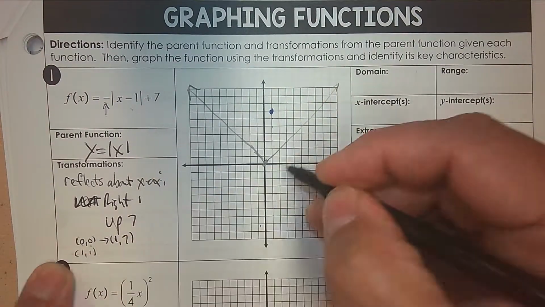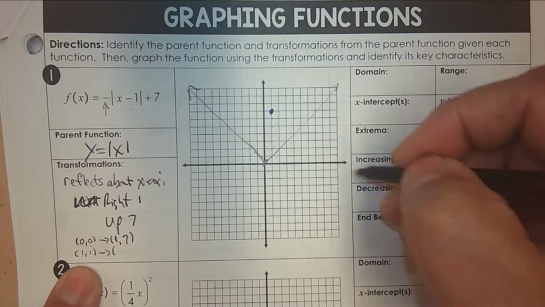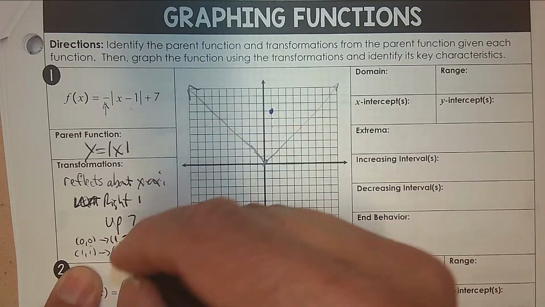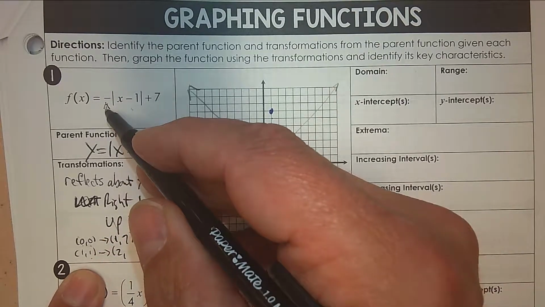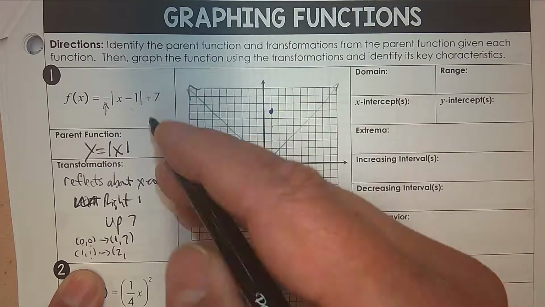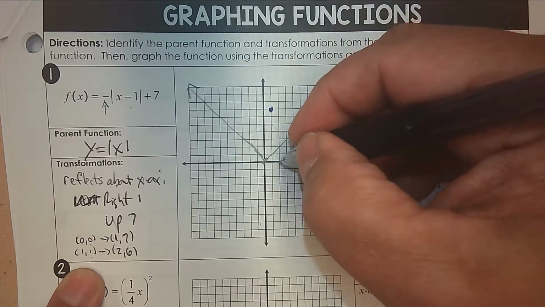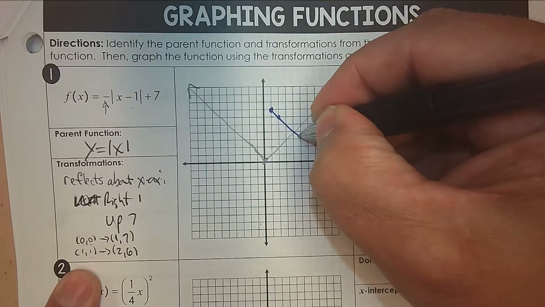So that's why we're at 1, 7. The next one will help us in terms of another point to guide us. So 1, 1: if I add 1, it becomes 2, and then 1 times -1 is -1, plus 7 is 6. So if I go to 2 and 6, that then guides me in terms of what's happening in this direction.